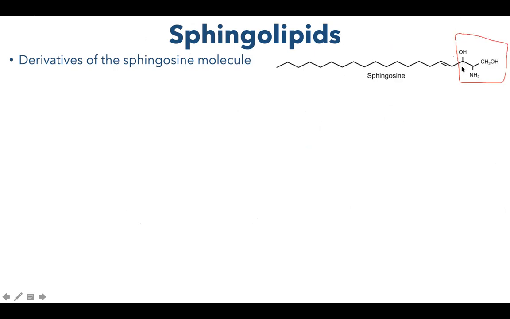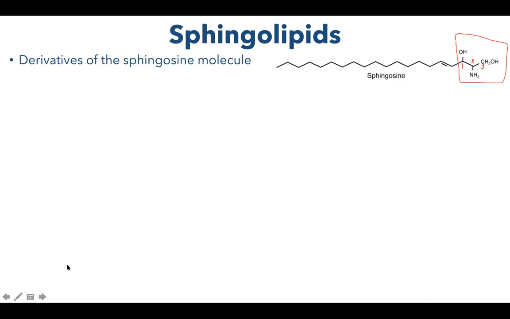So, ito yung carbon 1, carbon 2, carbon 3. Ang pinagkaiba lang, si carbon 2, instead na OH yung nakakabit sa kanya, NH2. So, para siyang glycerol na meron ng fatty acid na nakakabit sa carbon 1. Although it's not a fatty acid, right? It's just a hydrocarbon chain.